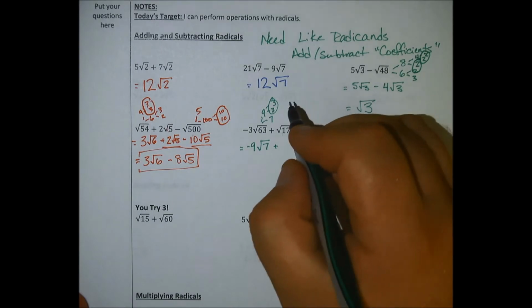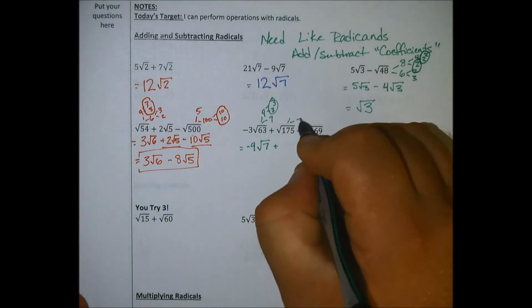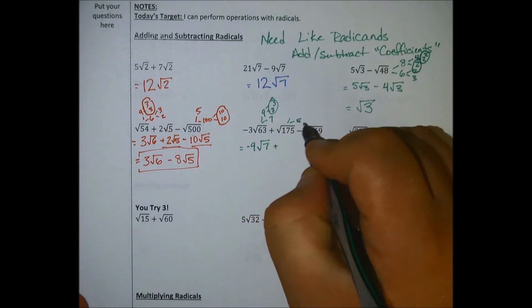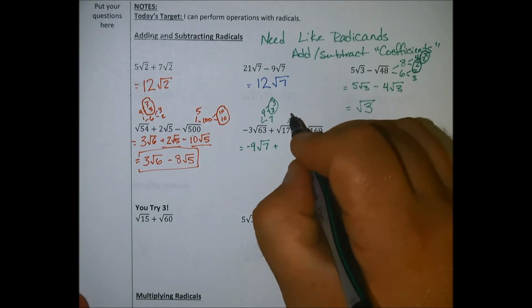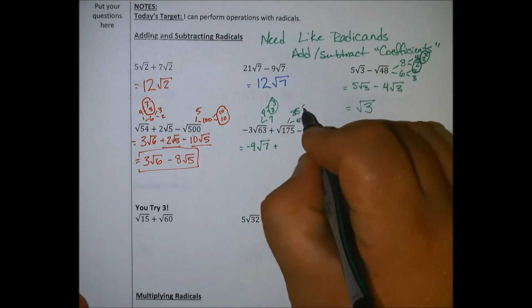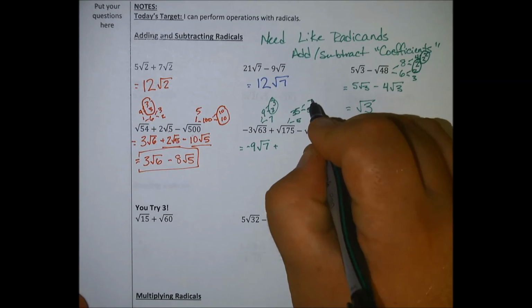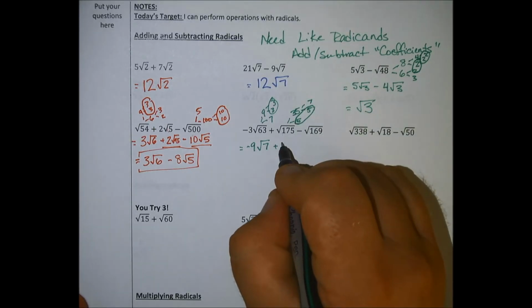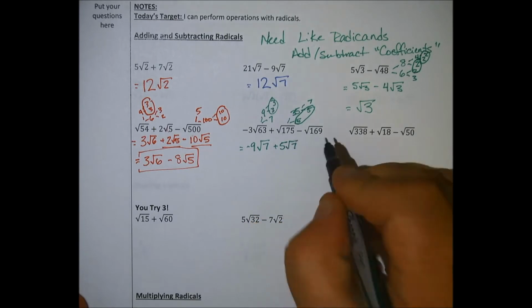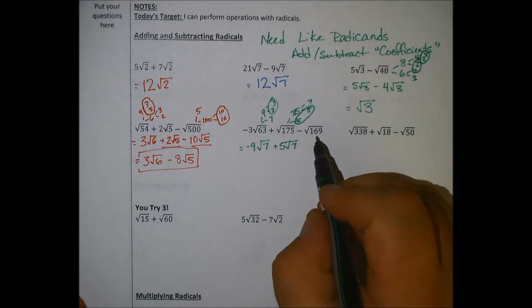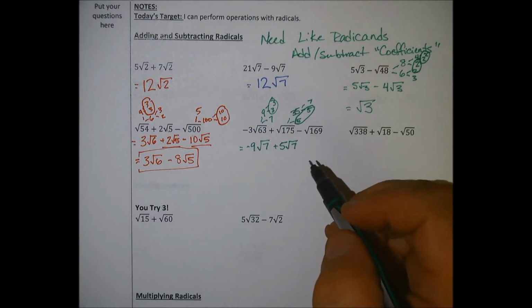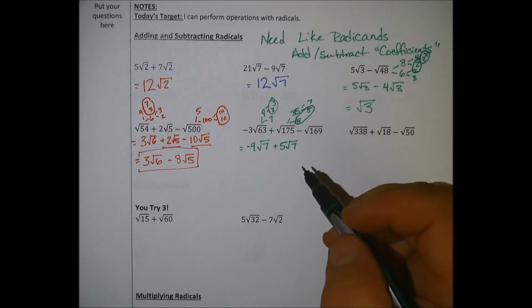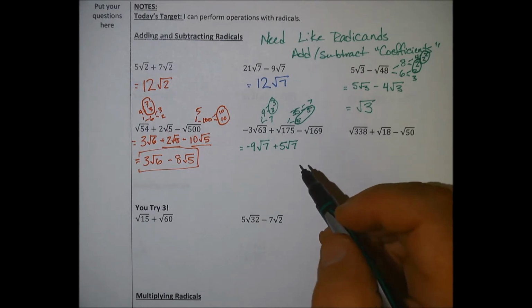175. It's kind of hard to see, but that's a 5. And then 35, you could then split it up into 5 and 7. 5 has an exit buddy, so that's plus 5 square roots of 7. And then 169, if you remember from yesterday, or last section, that's a perfect square itself.